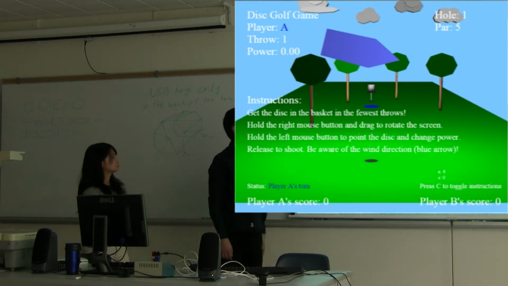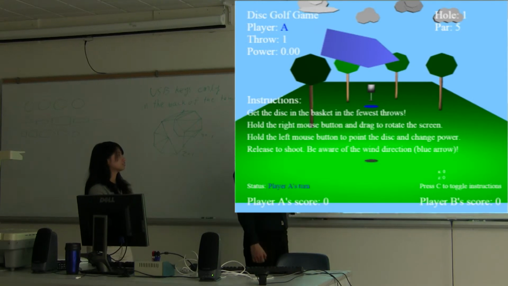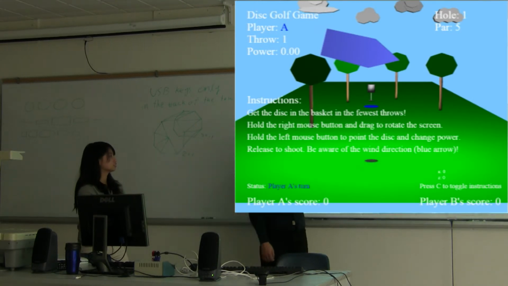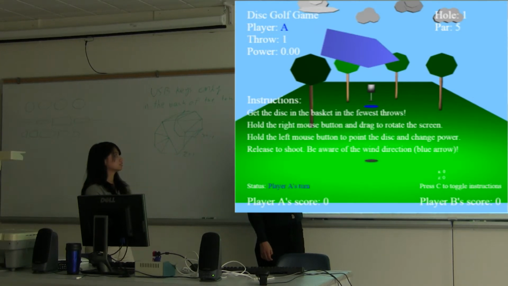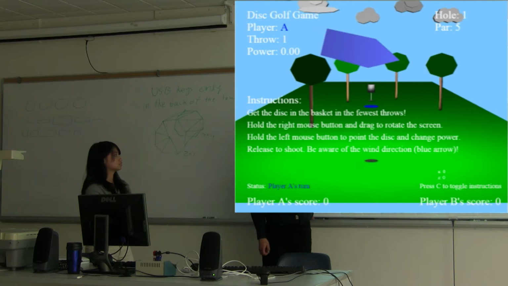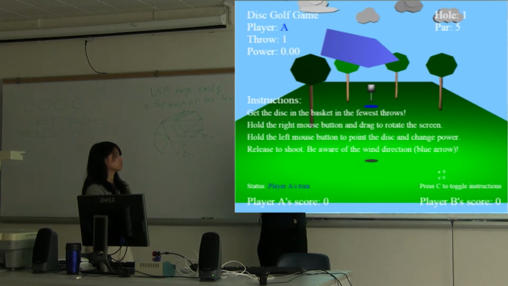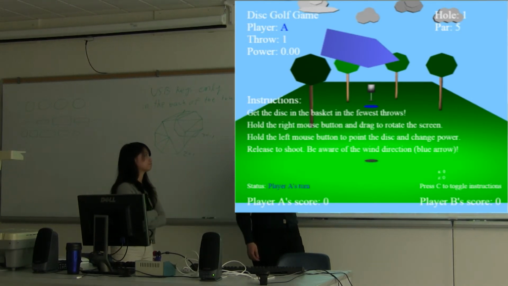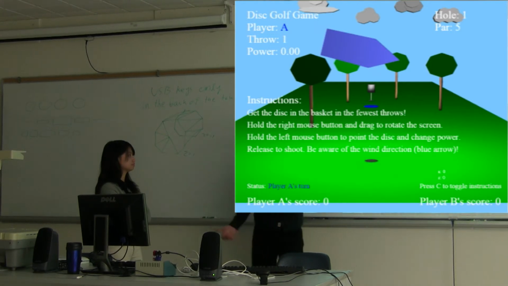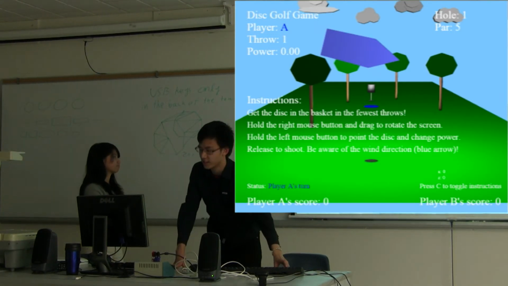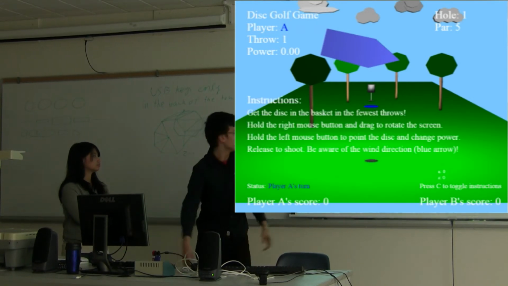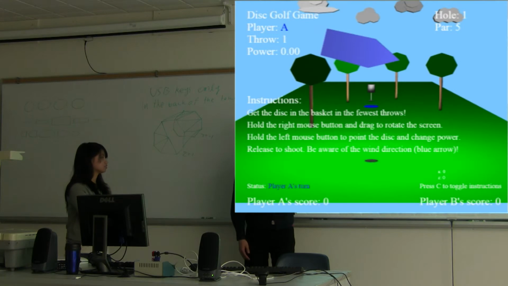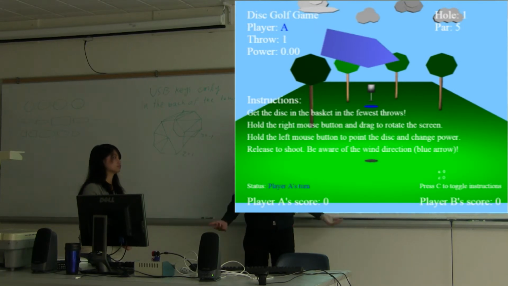You can see when you start all the elements on your HUD: whose player turn it is, what throw number you are at the corner there, what hole you're at, what the par is for the hole, and your instructions here. Over there it says press C to toggle instructions. Obviously you want to get rid of that, so let's do that. And then this is your status bar, saying whose turn it is, and if you hit something, it'll tell you. If you win, that's when you win, and then the scores.